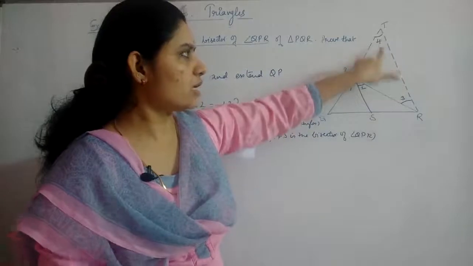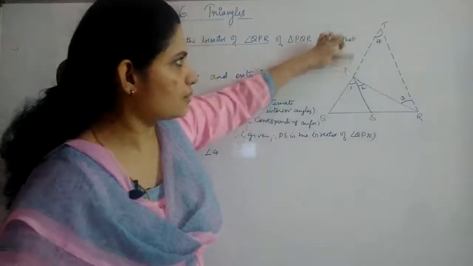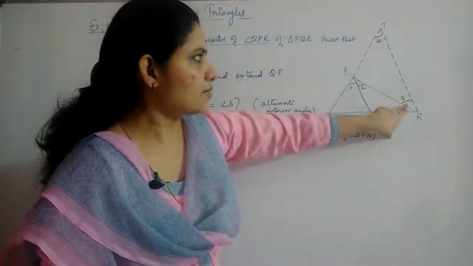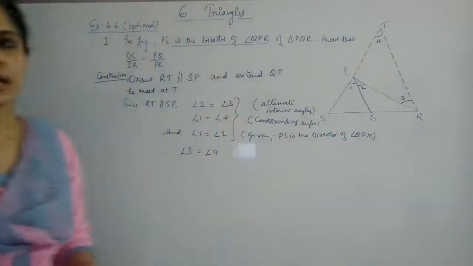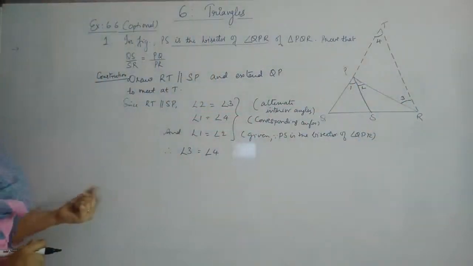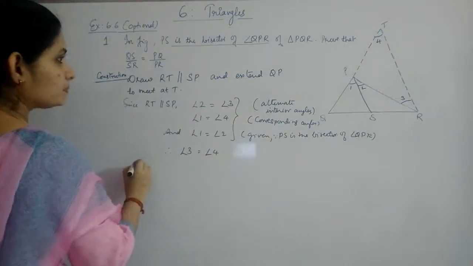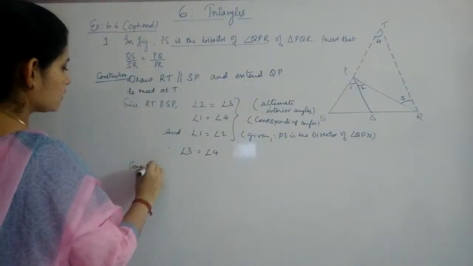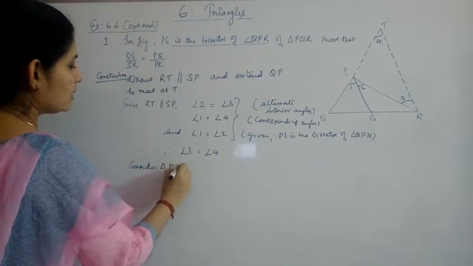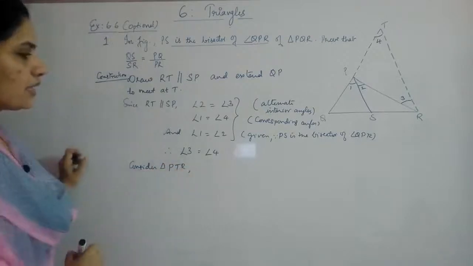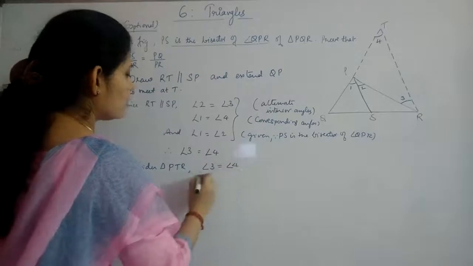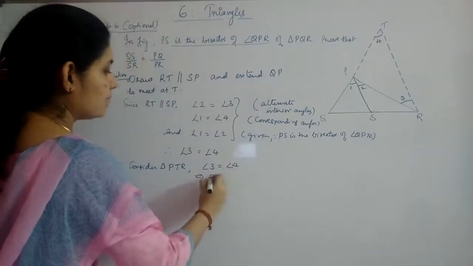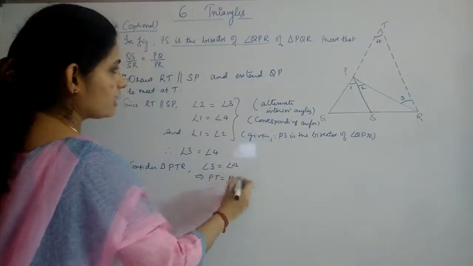Now since these two are equal, if I consider this triangle PTR and its base angles are equal, you can say that their opposite sides will be equal. Your isosceles triangle property. Therefore, considering triangle PTR, angle 3 equal to angle 4 will imply that PT is equal to PR.